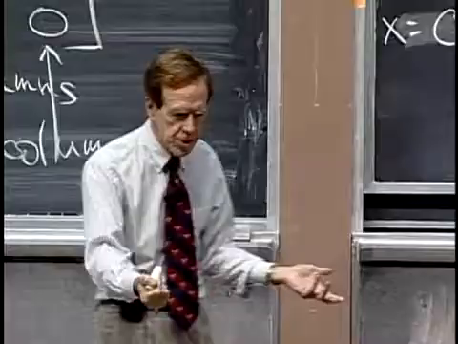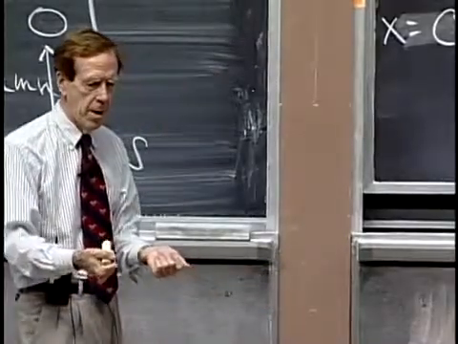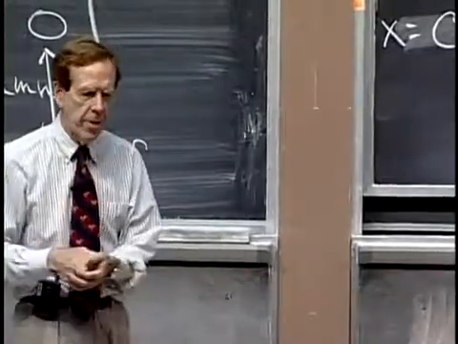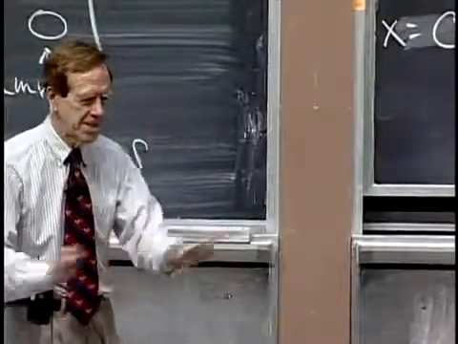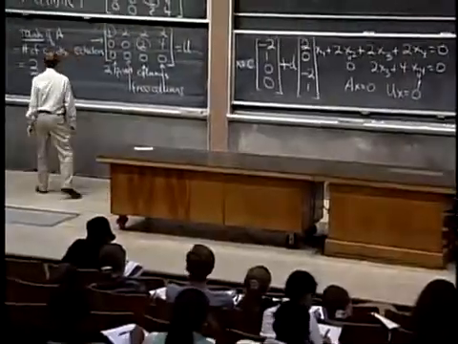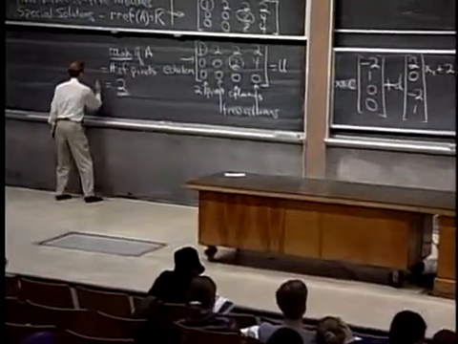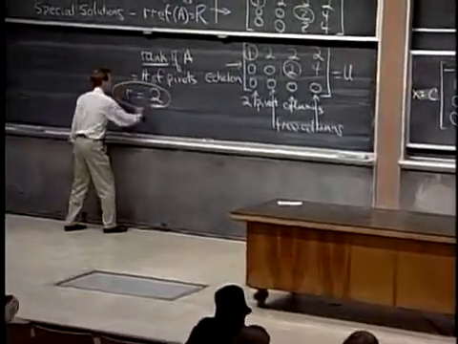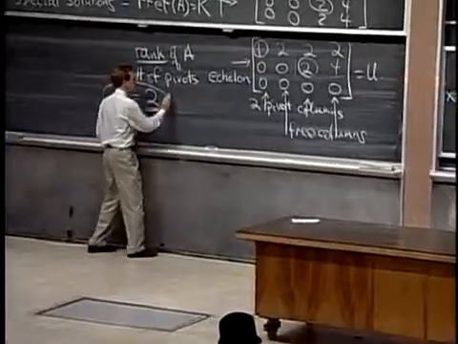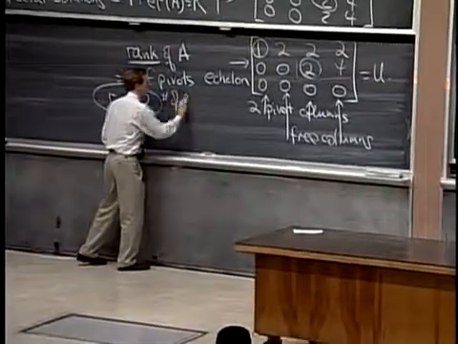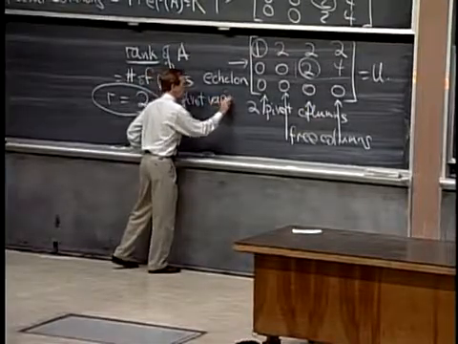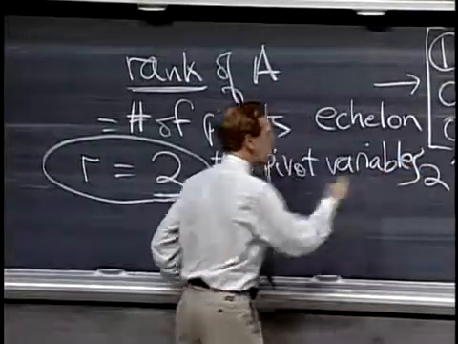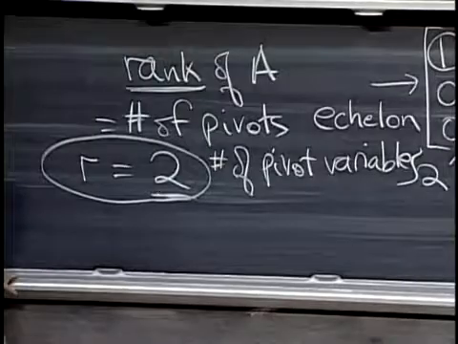And how many special solutions are there? There's one for every free variable. And how many free variables are there? Oh, I mean, we can see the whole picture now. If the rank R was 2, this is the number of pivot variables, right? Because it counted the pivots. So how many free variables?